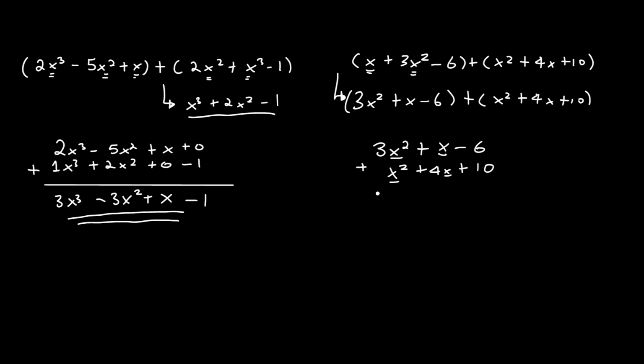Now let's add negative 6 plus positive 10. Negative 6 plus positive 10 gives you positive 4, and x plus 4x is positive 5x. And now we do the last one, 3x squared plus 1x squared will be 4x squared. This is our answer.